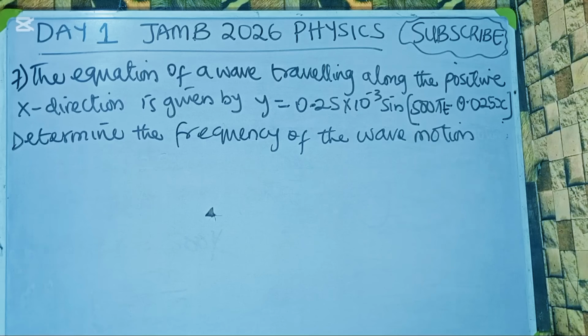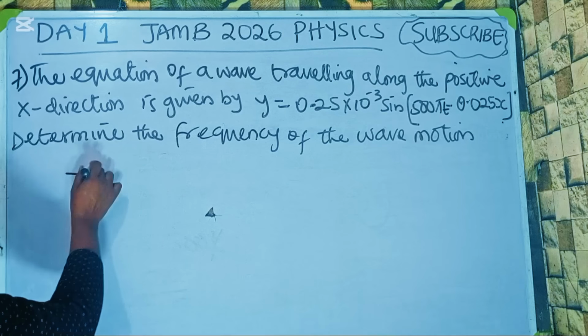Question 7. The equation of a wave traveling along the positive x direction is given by y equals 0.25 times 10 to the power of minus 3 sine bracket 500 pi t minus 0.025x. Determine the frequency of the wave motion.